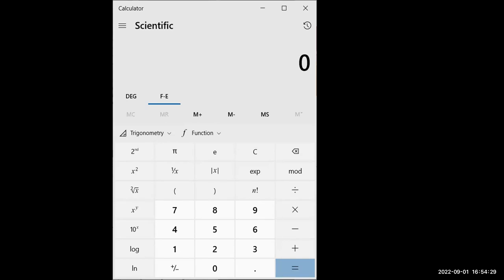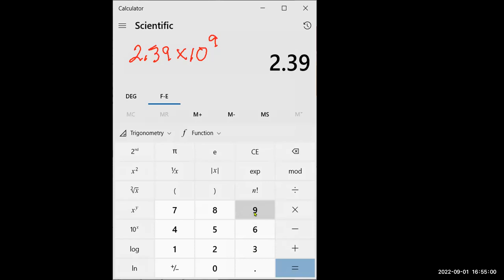The number we're going to input is 2.39 times 10 to the 9th power. To do that, I'm going to use the Windows calculator. This is true for any of the calculators: you type in 2.39.